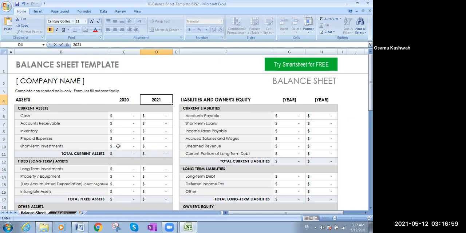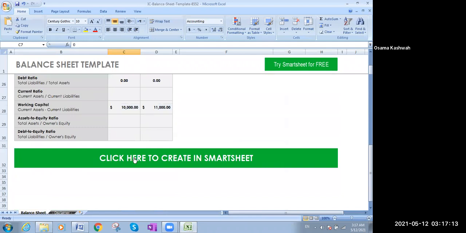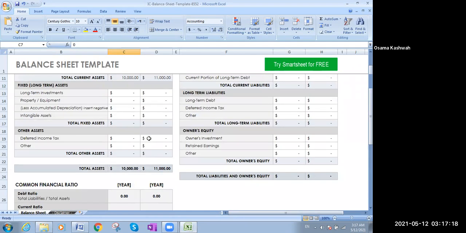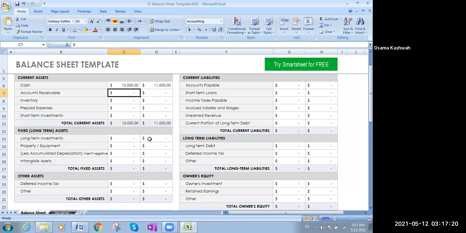Now I will go for the cash. As an example, let's say the cash was 10,000 here, and the cash was 11,000 in 2021. So I will put the inputs, and the program will calculate for me the total assets and the total liabilities based on, like I said.